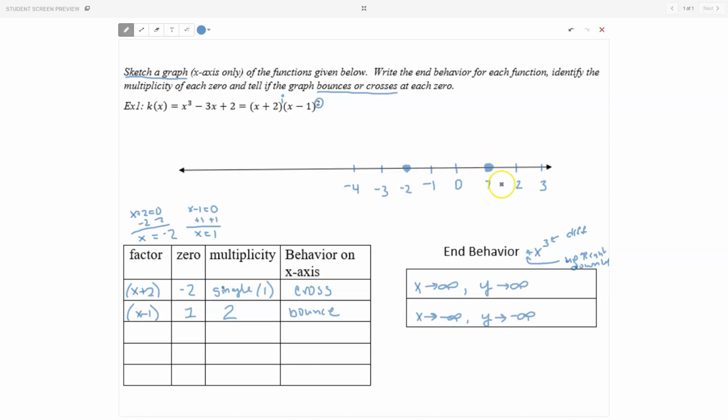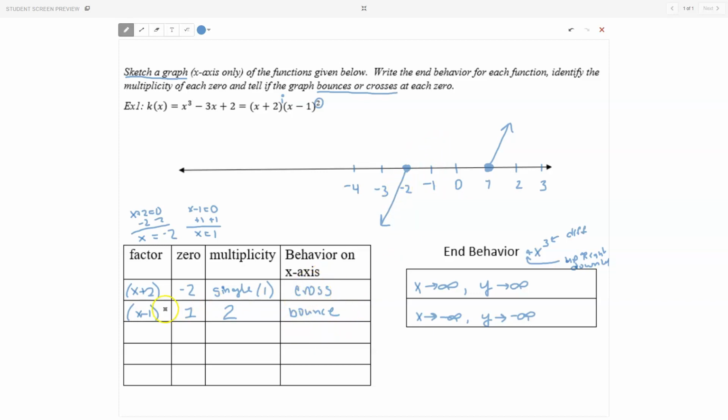It needs a pretty substantial dot right there, and then you have to put your end behavior. We said that on the right side it's going to be going up, and on the left side it's going to be going down. Then I have to see the behavior on the x-axis. Remember, your graph cannot cross the x-axis anywhere else. Those are the only two places.